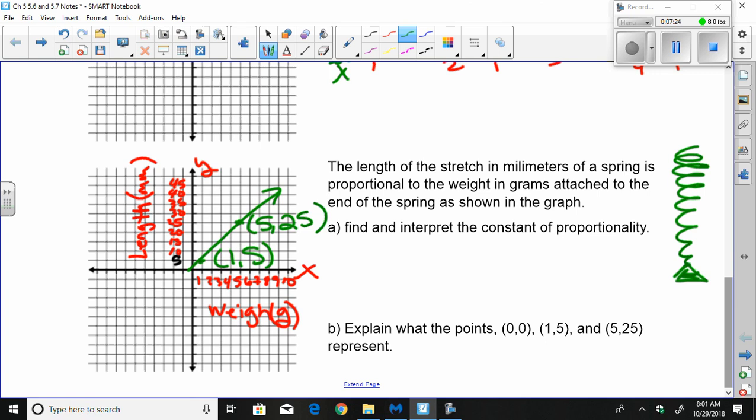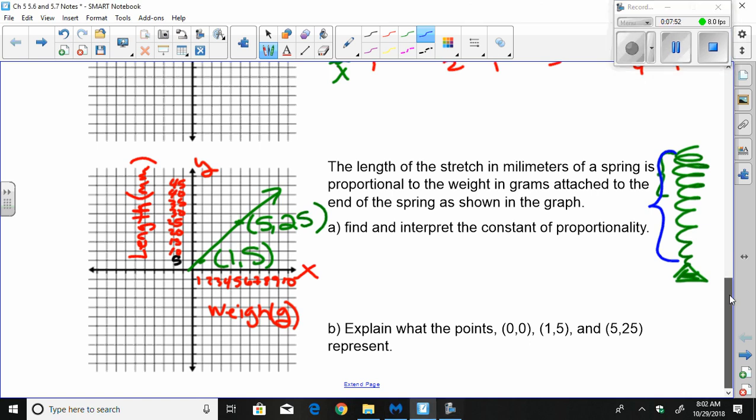So it started this long, and now it's stretched out to this long. The length of the stretch in millimeters of the spring is proportional to the weight in grams attached to the end of the spring as shown in the graph. Find and interpret the constant of proportionality, and then explain what the points (0, 0), (1, 5), and (5, 25) represent.